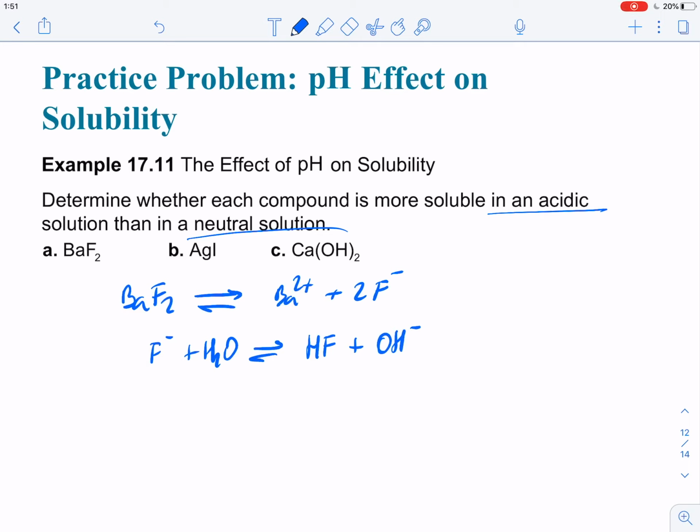Okay? So, if we have an acidic media, what is happening? So, if you increase H plus, right? You decrease OH minus.